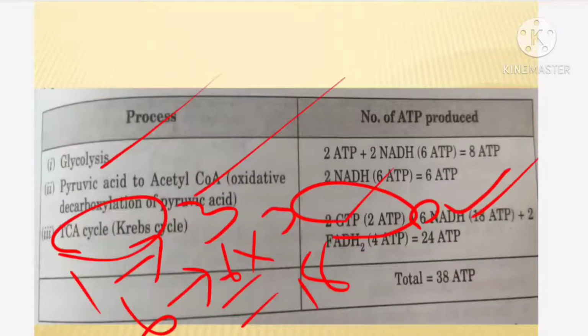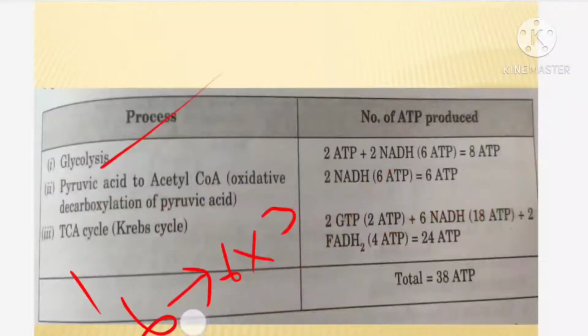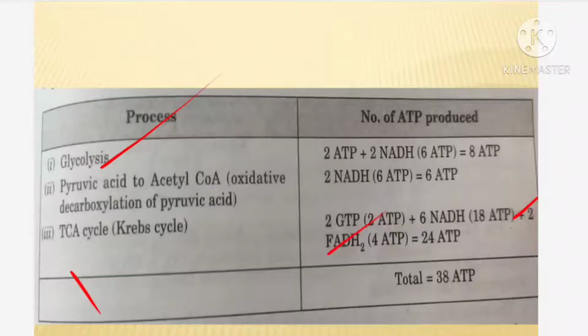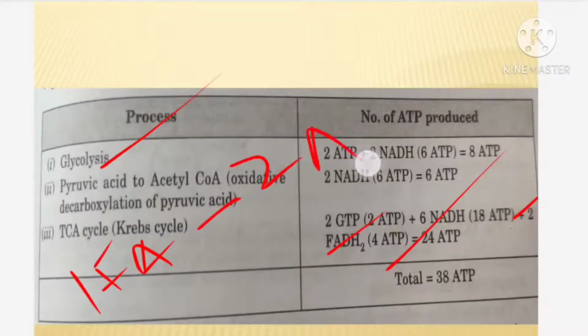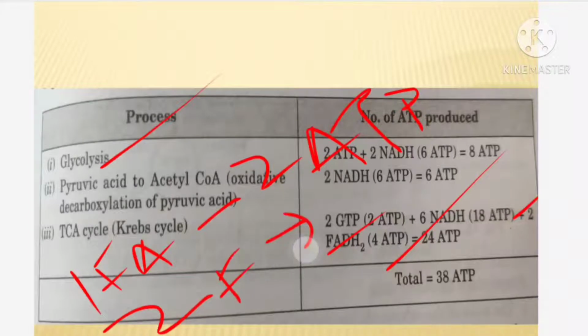One more thing you have to know is that 2 FADH2 is equivalent to 4 ATP, which means 1 FADH2 is equivalent to 2 ATP. So, 2 FADH2 is 2 into 2, that is equal to 4 ATPs.